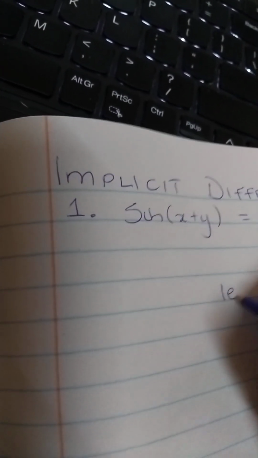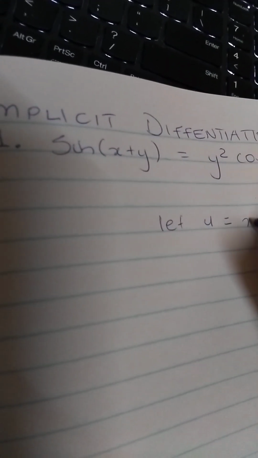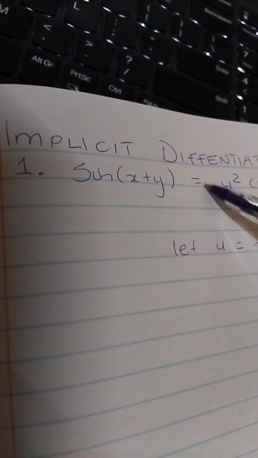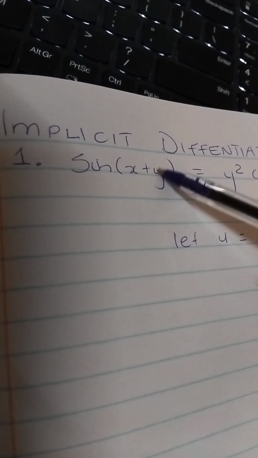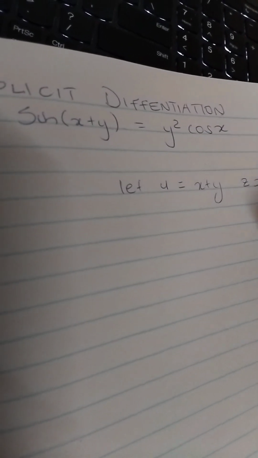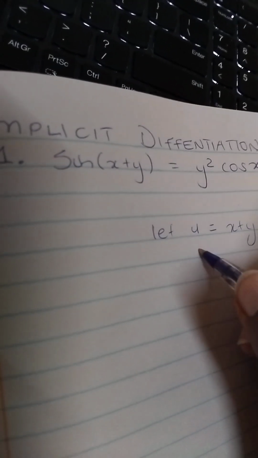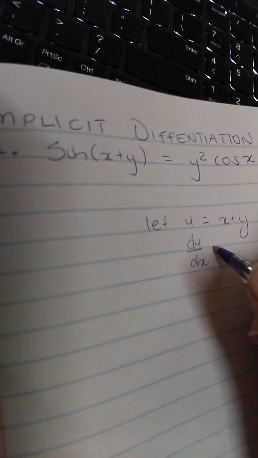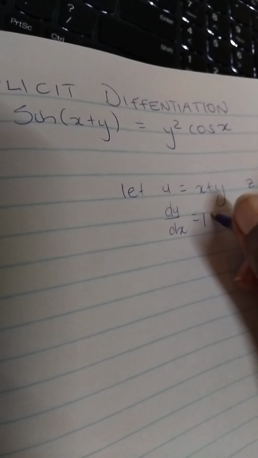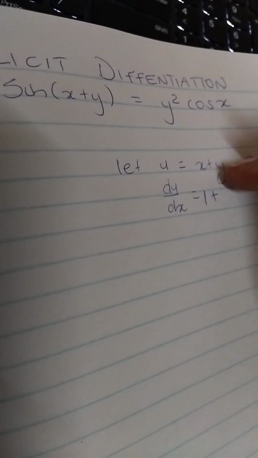Say you let u be x plus y in this case, and say this whole function was z. Then our z in the whole function would be sine of u. So our du dx is equal to the derivative of this one, which will be 1, plus the derivative of this one, with respect to y, which will be 1.